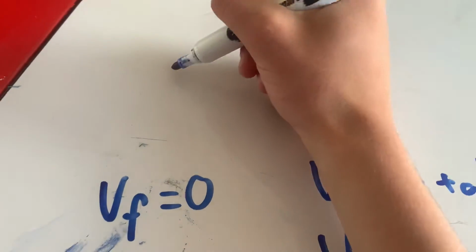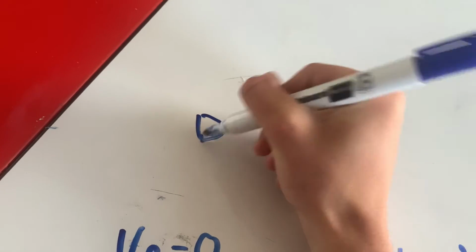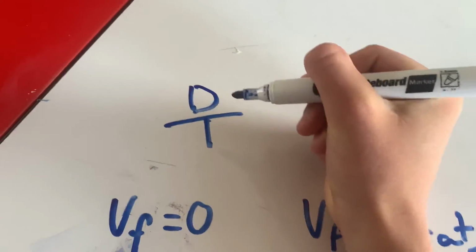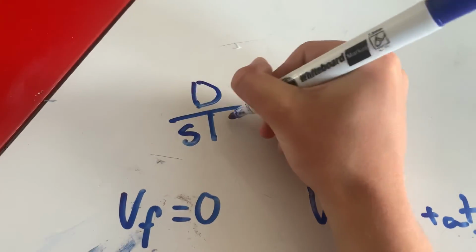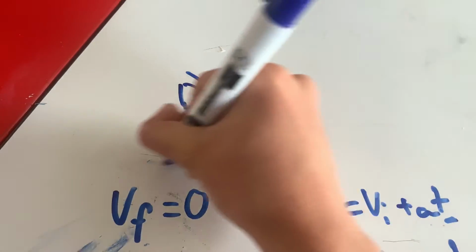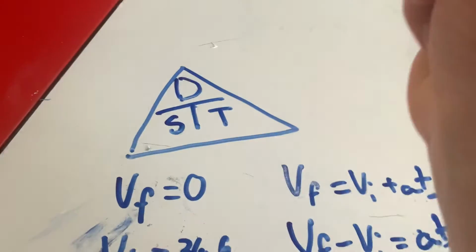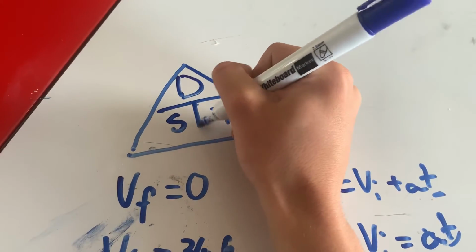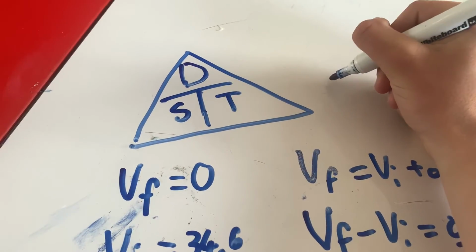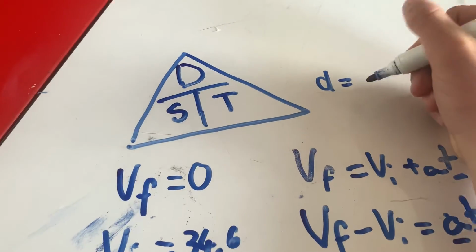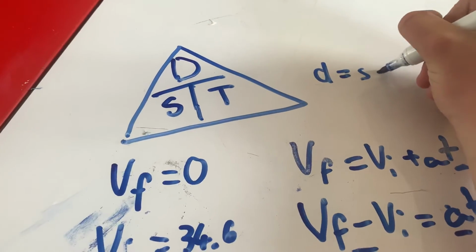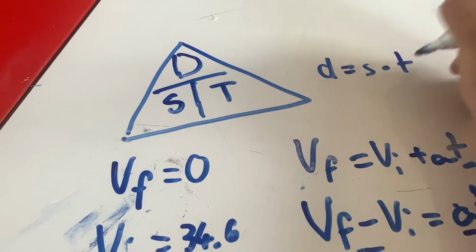Okay, so if we look at the triangle here for distance. Triangles in physics are your best friend. This is the triangle for distance, because we're trying to find out distance. So D is equal to speed times time.